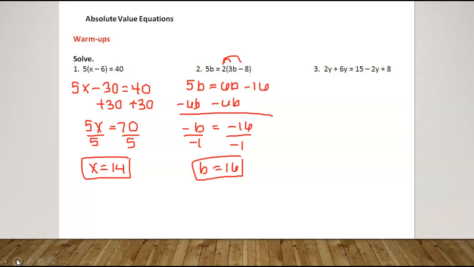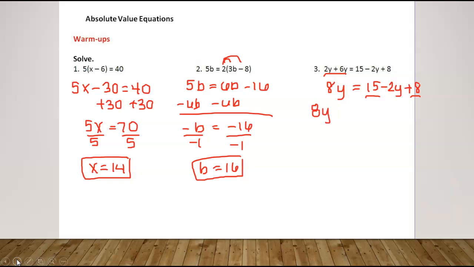And number 3, first you combine like terms. So I have a 2y and a 6y. So we get 8y equals 15 minus 2y plus 8. We're going to group the 8 and 15 together.